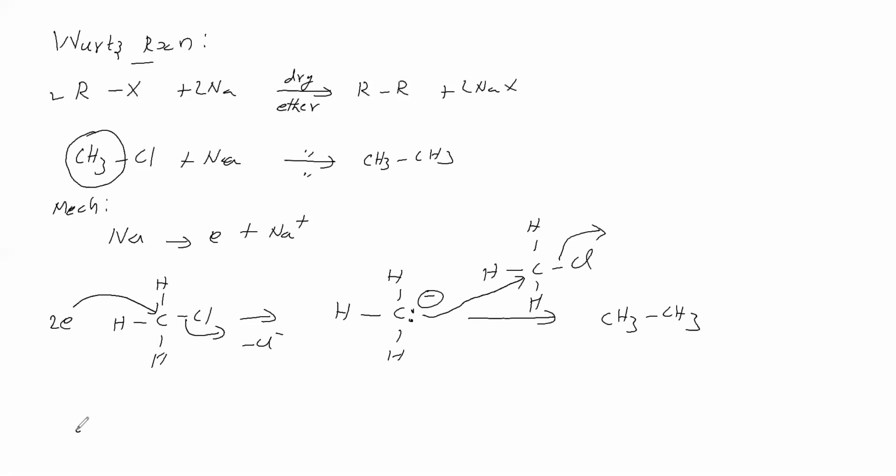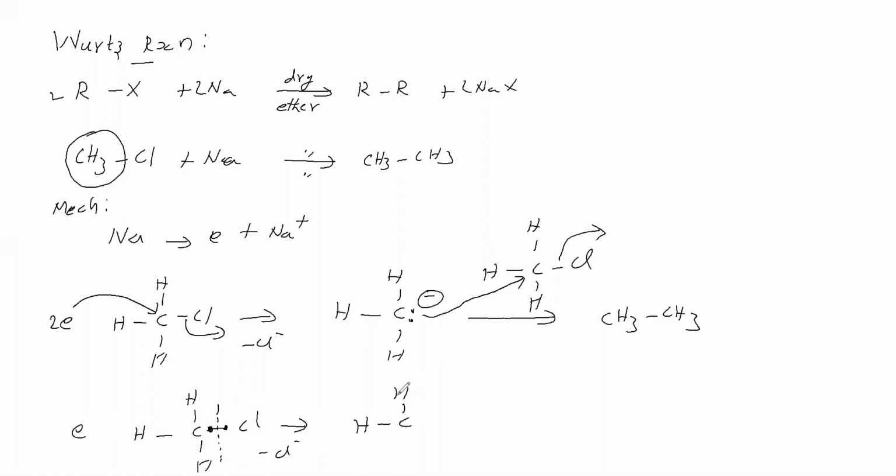What is that other manner? If sodium gives that electron, here we take CH3Cl. Here 2 dots are there. It goes for homolytic cleavage. This Cl dot takes this electron and becomes Cl minus and leaves. Now this C is having 1 dot.